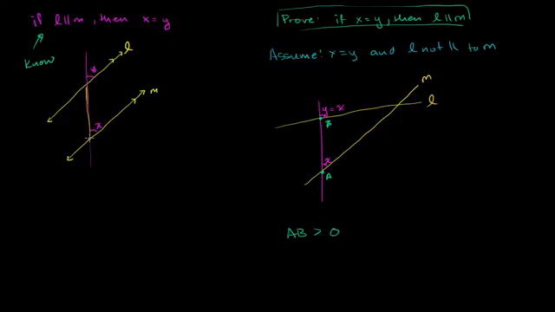And I think that's a fair assumption. In either case, AB is going to be greater than 0. So when we assume that these two things are not parallel, we form ourselves a nice little triangle here, where AB is one of the sides, and the other two sides are, if we label this point of intersection C, line segment BC and line segment AC.